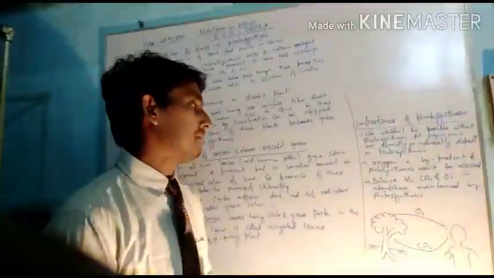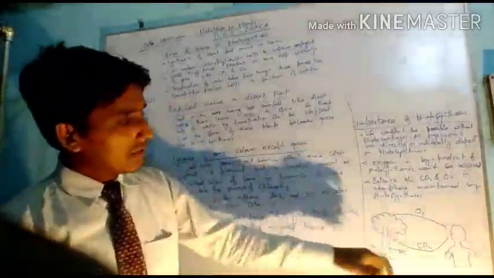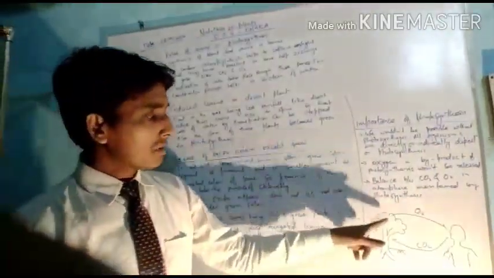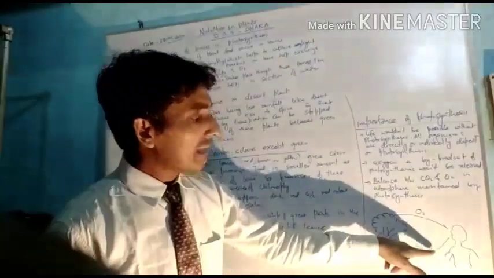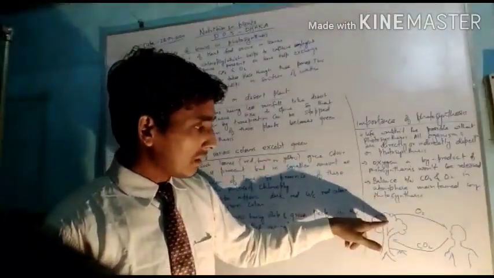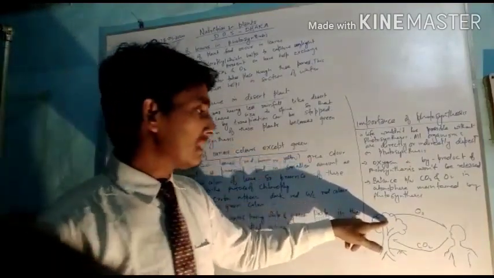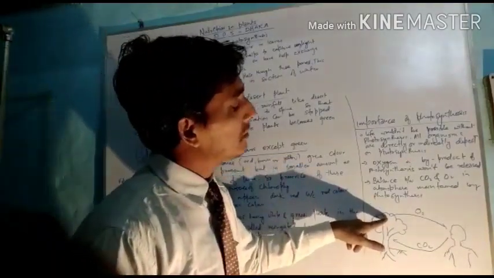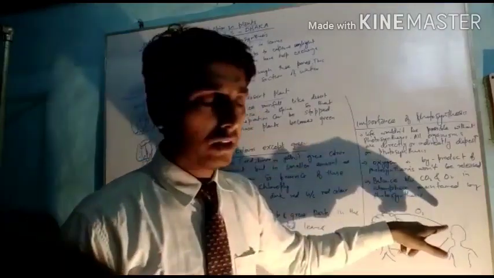Also, the process of photosynthesis helps to balance the level of carbon dioxide and oxygen in the atmosphere. As you can see in the picture, this is a plant. In the process of photosynthesis, this plant takes carbon dioxide into the leaves, and while having photosynthesis, these leaves release oxygen into the atmosphere.